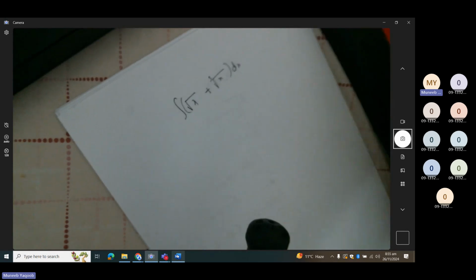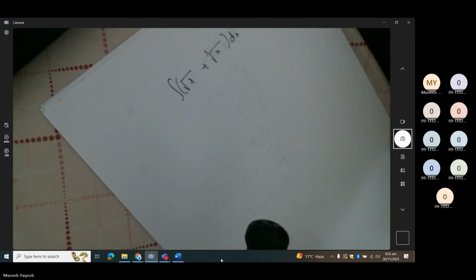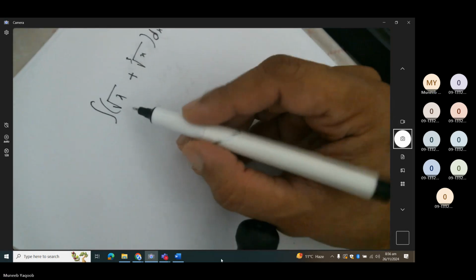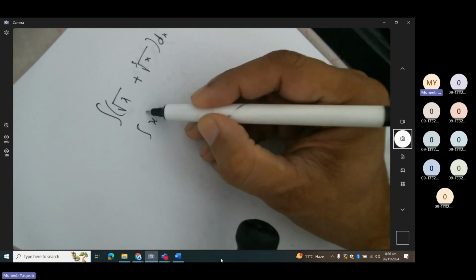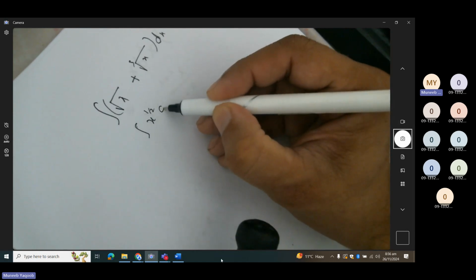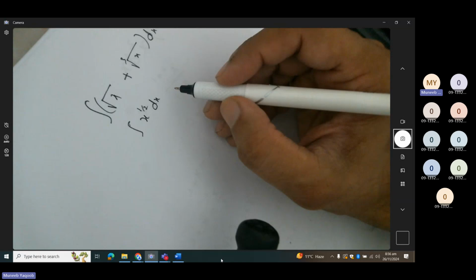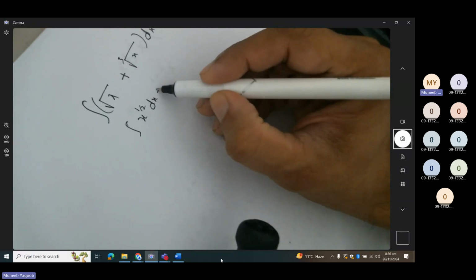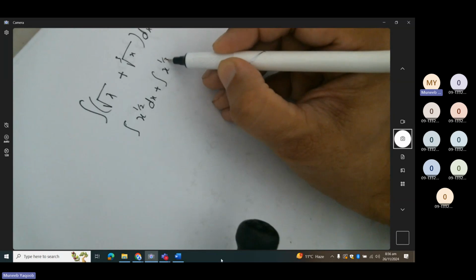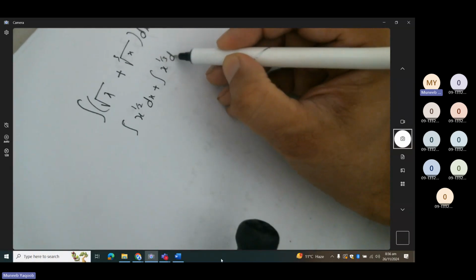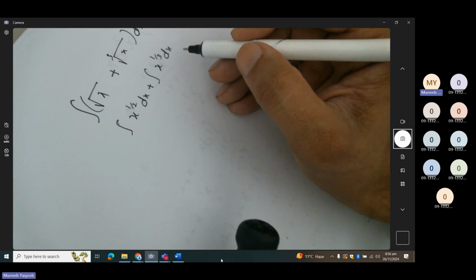If we are to integrate root of x plus cube root of x, what we will do is simply write integral of x power 1 upon 2 dx, because root of x means x power 1 by 2, plus integral of x power 1 upon 3 dx, again because cube root of x means x power 1 upon 3.